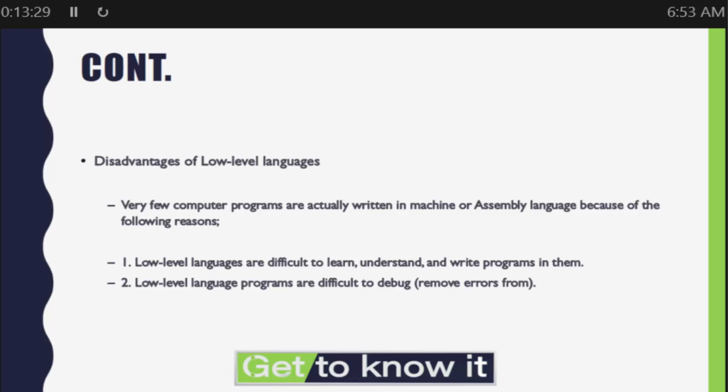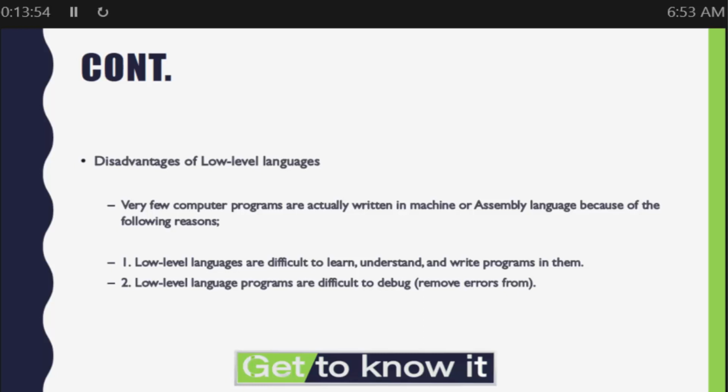As I mentioned earlier, low-level languages use zeros and ones or symbolics of such digits. So it becomes very difficult for one to understand, given that a person is speaking in a different language from this.